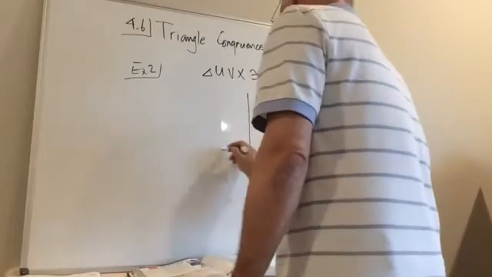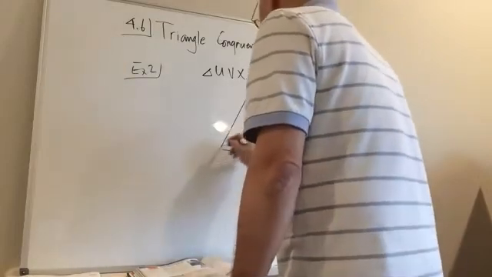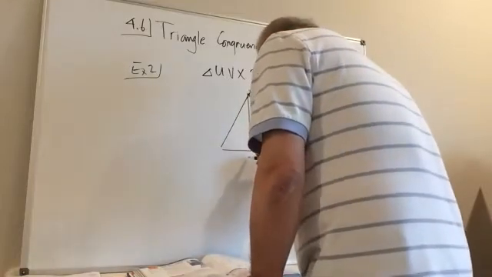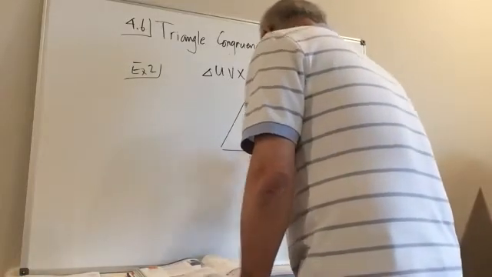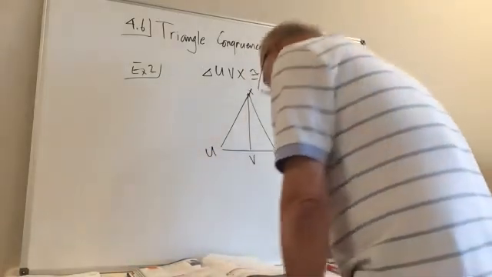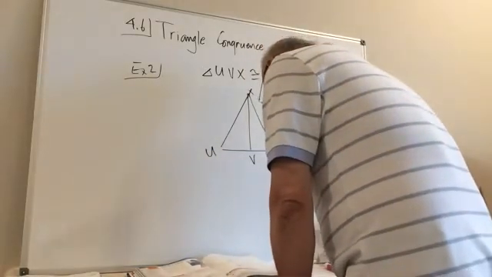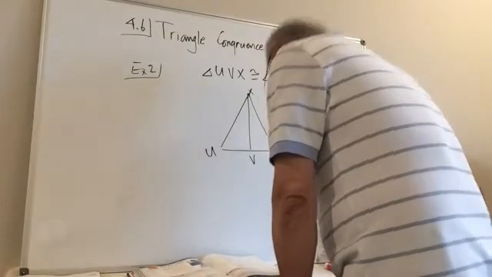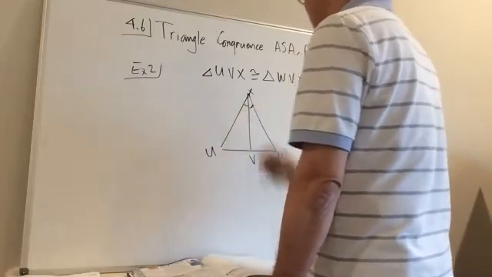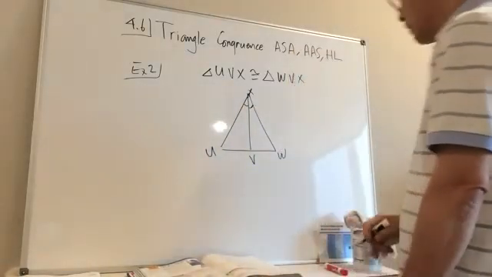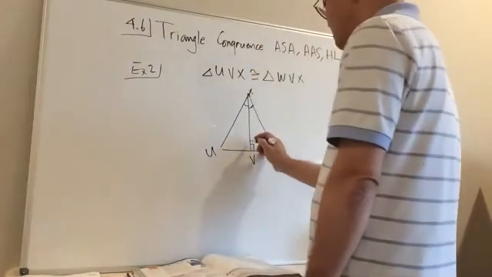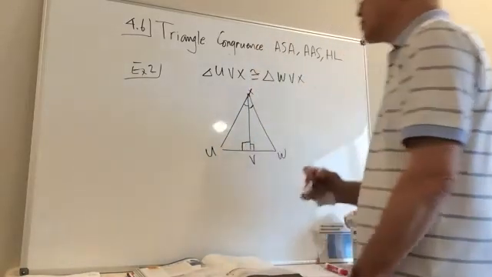I have a situation that looks like this, with points X, V, W, U, and I'm trying to prove it. What am I given here? I'm given that this side and this side are congruent. I'm also told that this is 90 degrees, which means that this one has to be 90 degrees, correct?